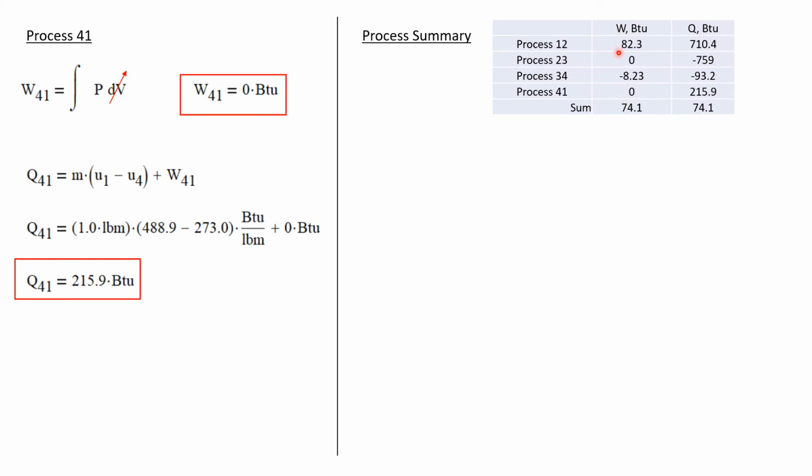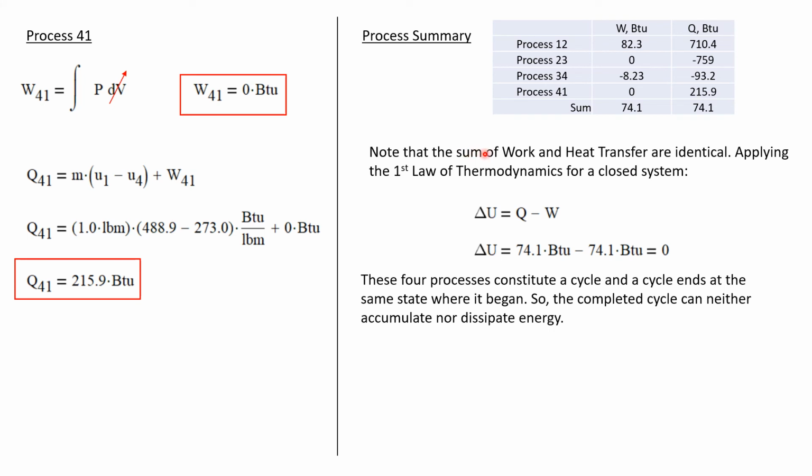Now, if we sum all of the work terms, we will get the net work done by the cycle, which is 74.1 BTUs. And if we sum all of the heat transfer terms, we find that it also sums to 74.1 BTUs. Let's explore this a little bit.